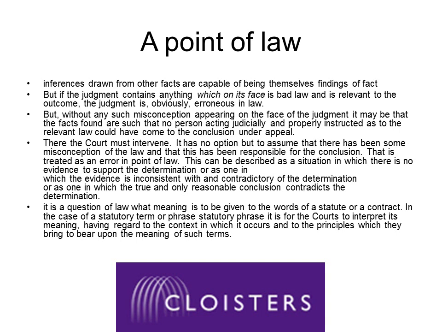If you can do that, then you've got a point of law. The court has to intervene, and if you can prove that, it is forced to assume that there's some misconception of law that's been responsible for the conclusion, which is one which no person acting judicially could have reached.